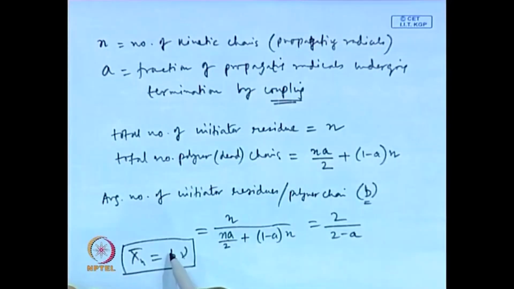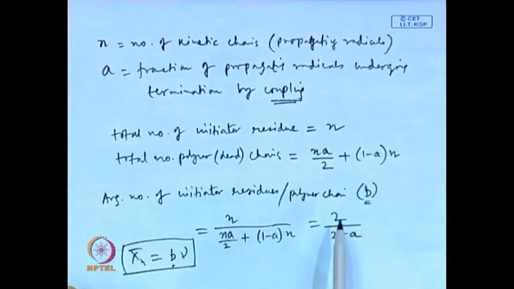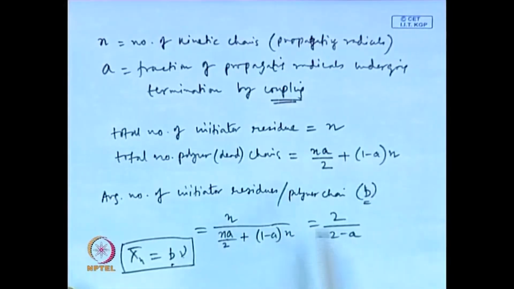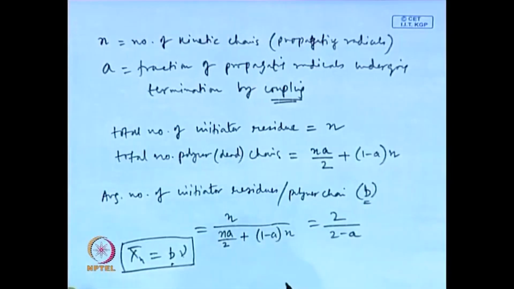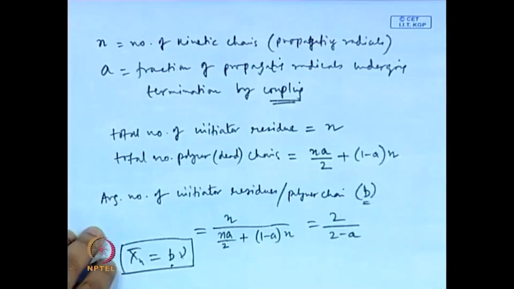If we get the concentration of the initiator residues, we can divide by the number of chains to get B. So from that we can experimentally determine B, and if we know B, we can find out A, the fraction of chains undergoing termination by coupling, and 1 minus A, the fraction of kinetic chains that have undergone termination by disproportionation.